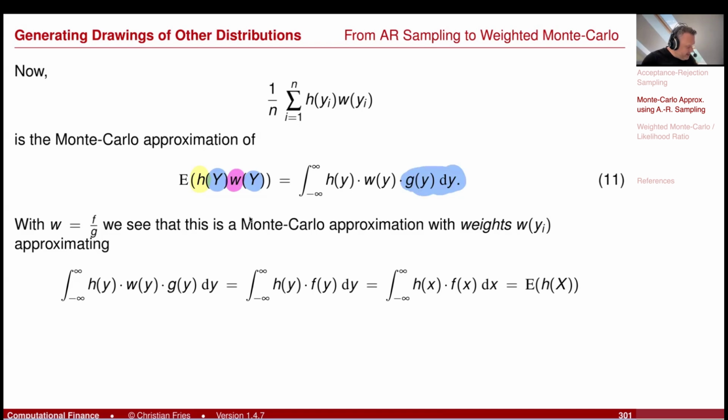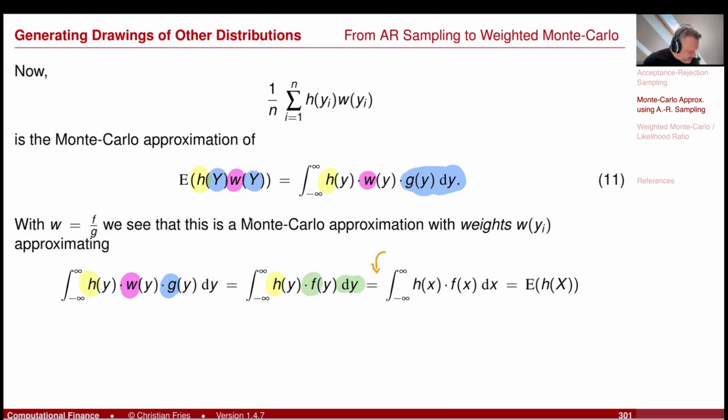Okay, we integrate h times w, plug in w, w is f divided by g. So you see that the g cancels and we are left with the f. So we just have integrate h with respect to the density f of y dy. And now I just rename, so this is just renaming here.